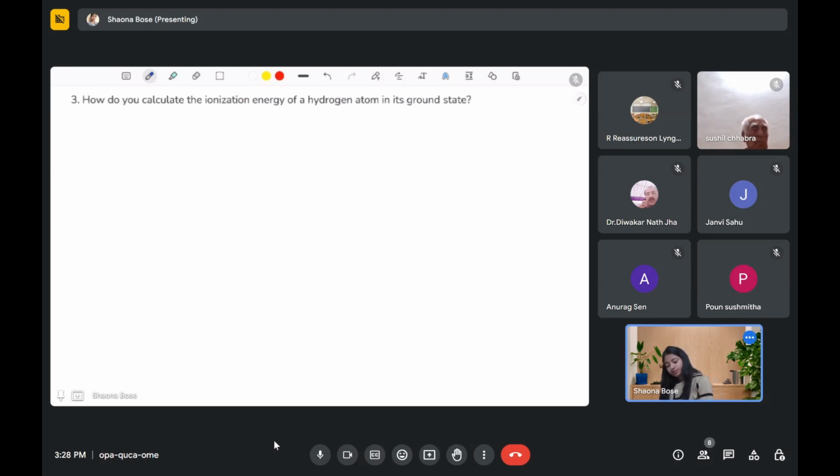Okay, so since we are talking about the ground state, that means we are talking about some transitions taking place in the Lyman series, isn't that so?